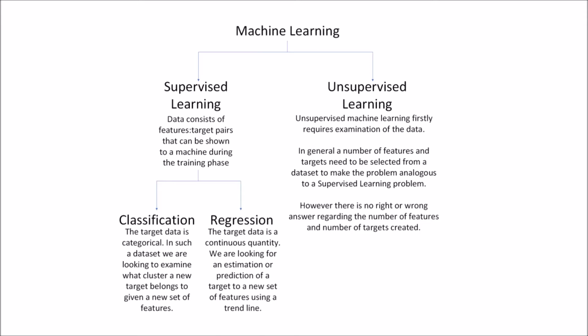In supervised learning, the data consists of feature-target pairs that can be presented to the machine during the training phase. And in this case, I'm going to look at a classification problem. So the target data will be categorical, and the general problem is to identify or classify the target, which corresponds to a set of features where the target is unknown.